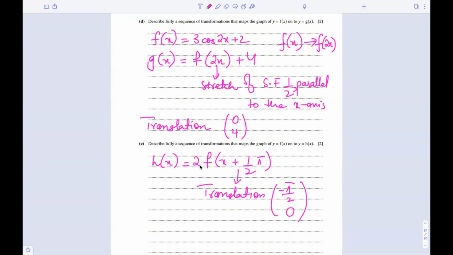And this too represents a stretch. When the function is multiplied by any constant, it represents a stretch in the y direction, parallel to the y-axis. So we can say stretch parallel to the y-axis, and the stretch factor would be 2.